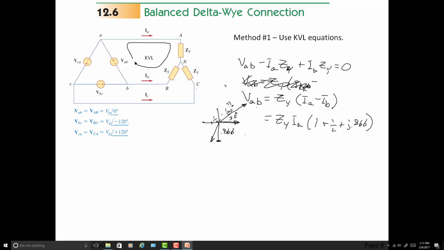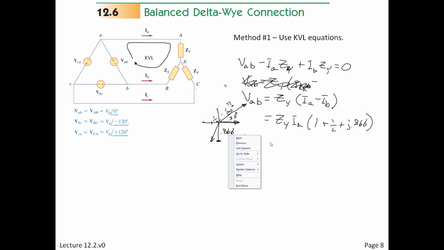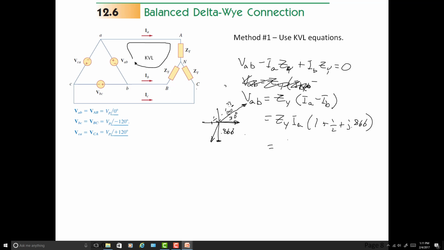So this angle is going to be, VAB is going to be something at an angle of, oops, hang on a second. So this comes together as what? ZY times IA at an angle, we drew it right there, got to get the factor right, at an angle of 30 degrees.